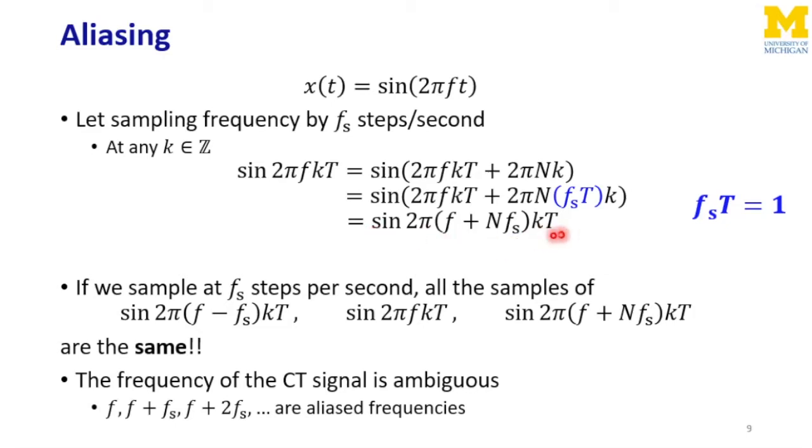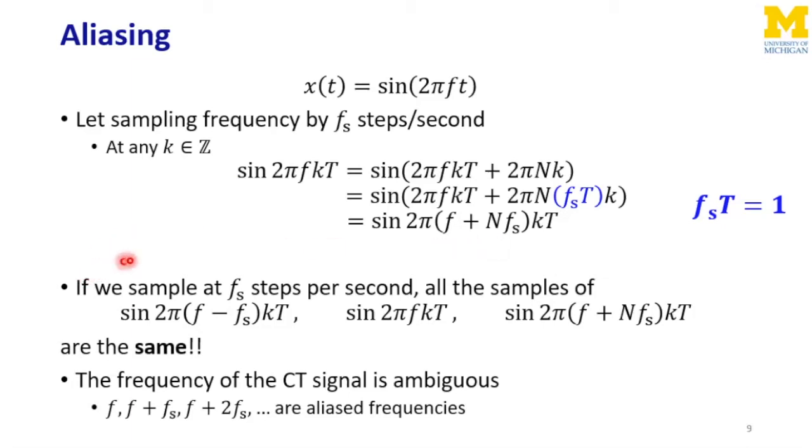Now, this is a different continuous time signal. This is a different frequency. But in the discrete time, or the sampled signal, of these two frequencies is exactly the same. And this N is, again, an integer value. It could be -5, 4, 3, 2, 1, whatever.